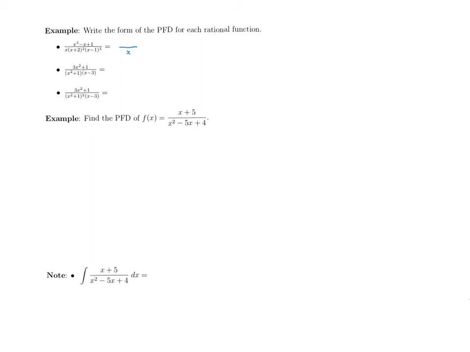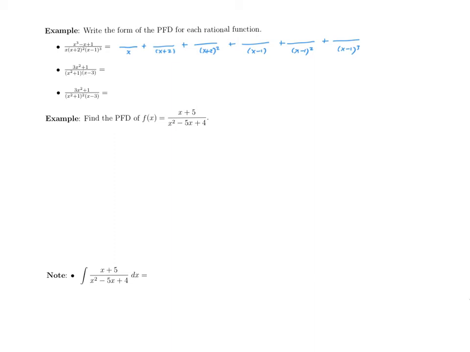So there will be a term for x, x plus 2, x plus 2 squared, x minus 1, x minus 1 squared, and x minus 1 cubed. So each and every factor of the bottom contributes a term.